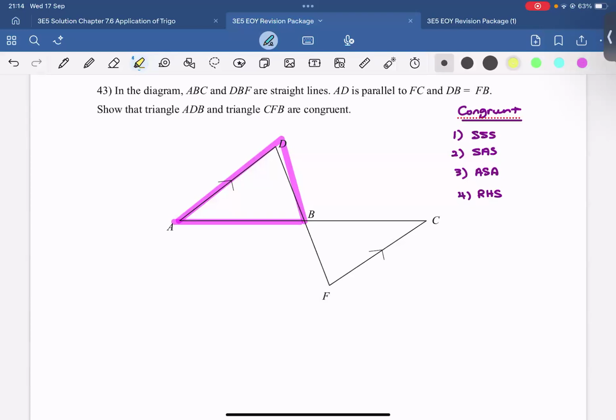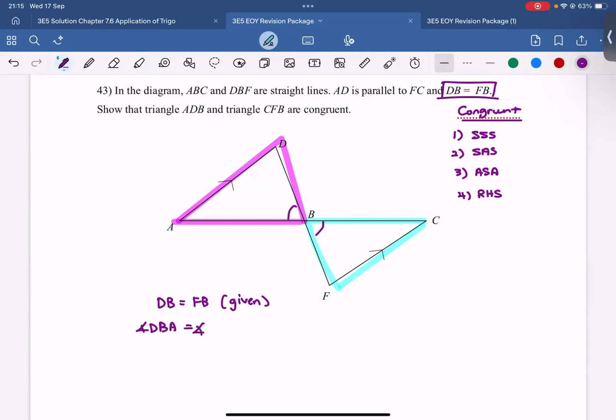Show that ADB is congruent to CFB. How? First thing first, use what they give you. DB equals FB. Reason: given. Next, angle DBA equals angle DBF.